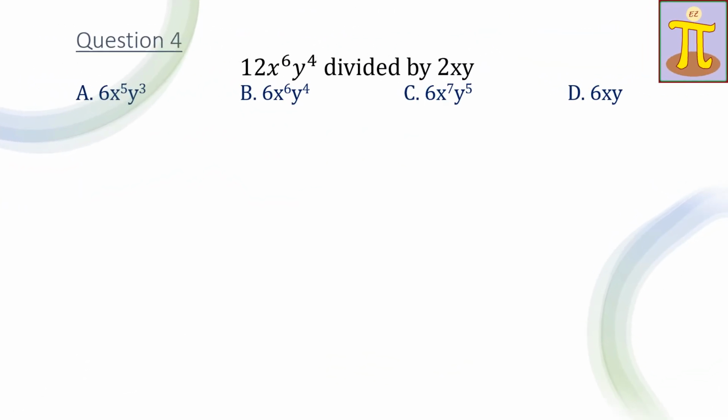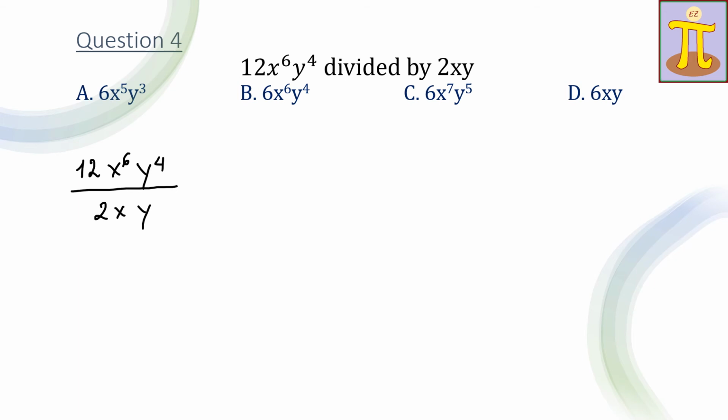Question 4. We have 12 x to the power of 6, y to the power of 4, and then we divide by 2xy. So we take the number divided by the number, and the same variable divided by the same variable.